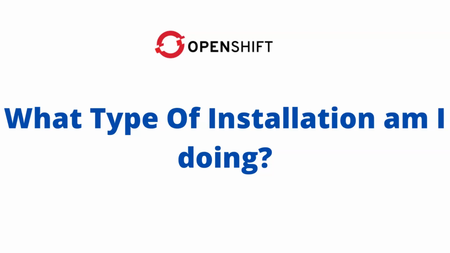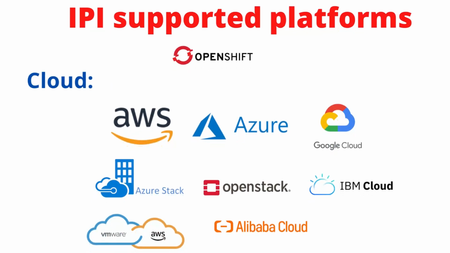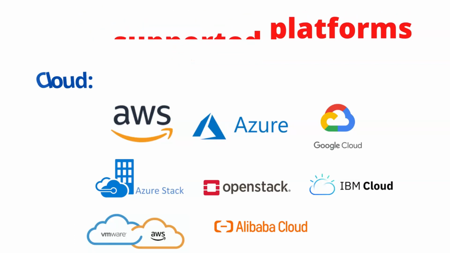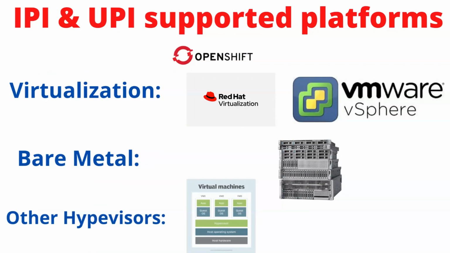If you're doing the installation on cloud, with the platforms that I have mentioned that support the IPI method, you can use the IPI method of installation. And if you're doing the installation on-prem, if the platform supports the IPI method, you can use the IPI method. And if the platform does not support the IPI method, you would have to resort to using the UPI method.